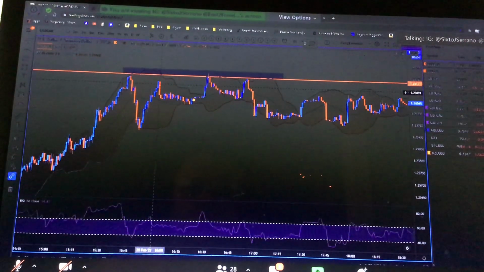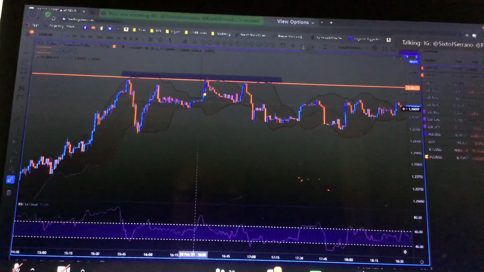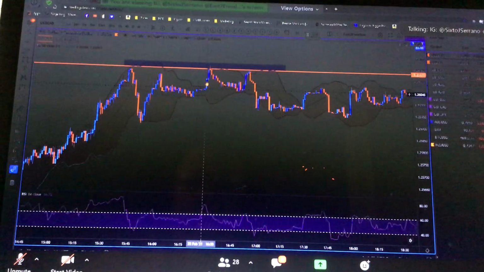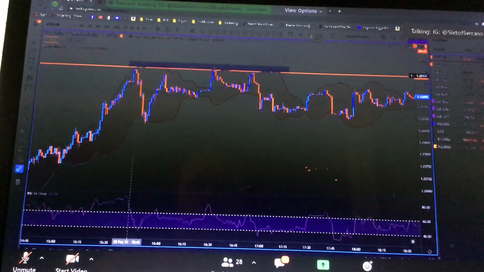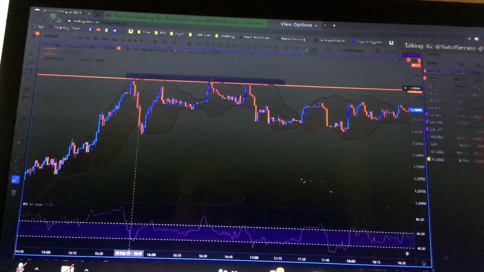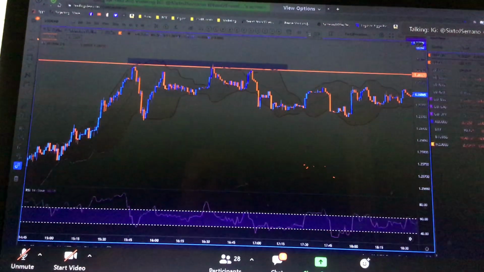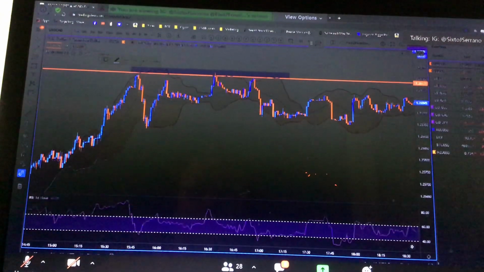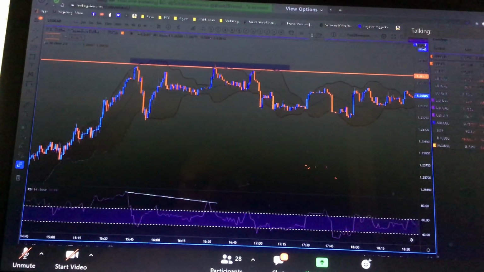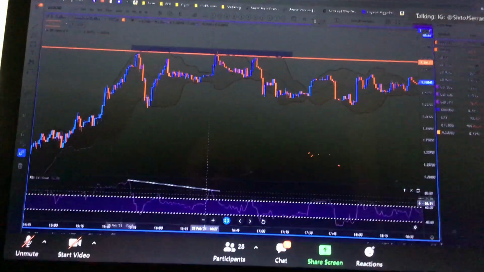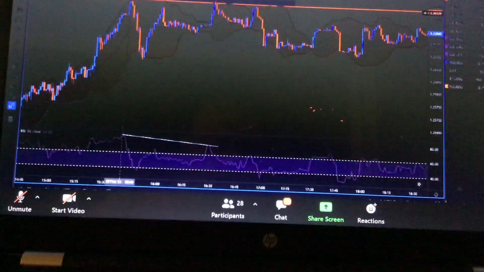So as you see the market move and come up, it's basically breaking through the Bollinger Band and coming up to this area of resistance, that same price zone. But look what's happening to the RSI. It's not as high as it was when it first was at that previous point.